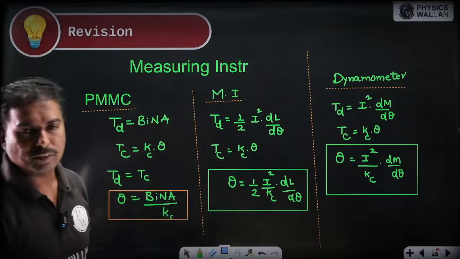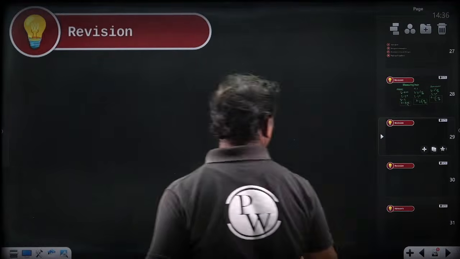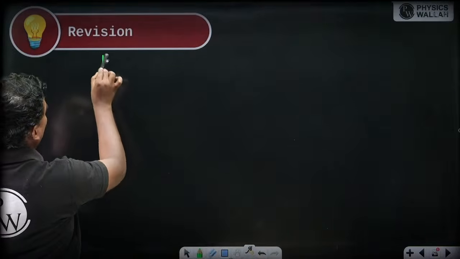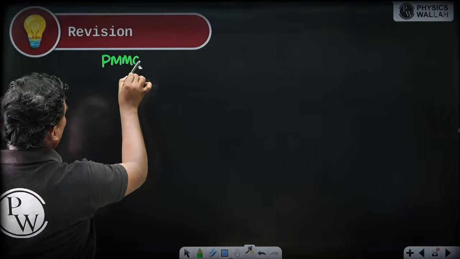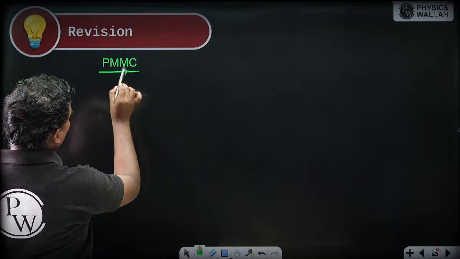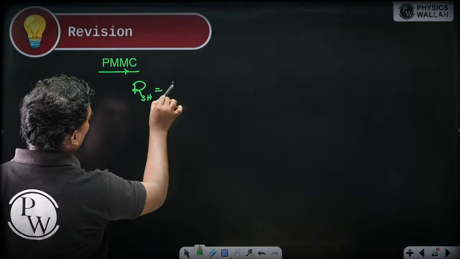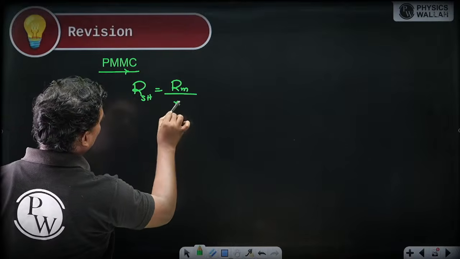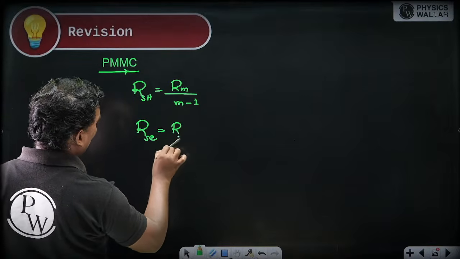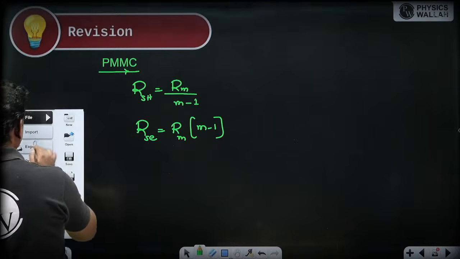Understood? Next, the range extension formulas for the PMMC. Range extension: Rsh is equal to Rm by m minus 1, and the series resistance is equal to Rm into m minus 1.